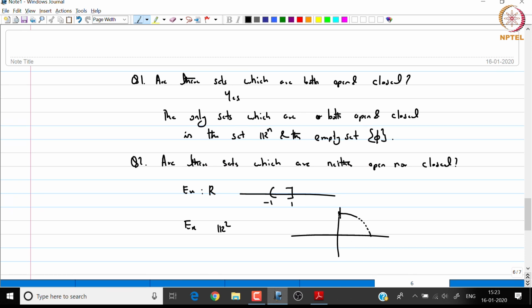It includes all points inside this, but it does not include the boundary points. So, this is an example of a set in R2 which is neither open nor closed.